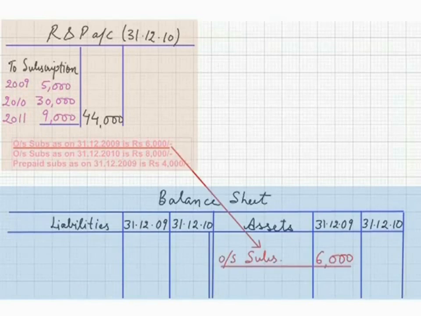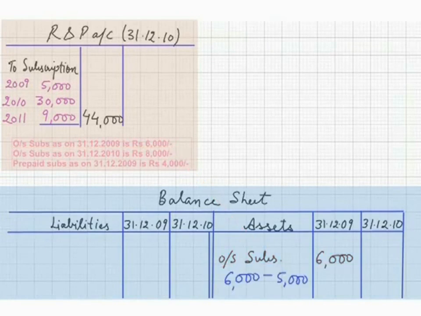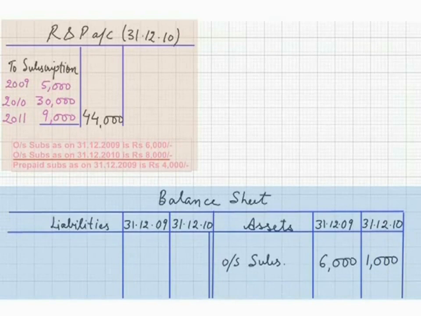But during this year, we could recover only 5,000 rupees. It means 1,000 is still due from the members. That will be written down on the asset side of 2010. But outstanding subscription as on 31st December 2010 is 8,000.